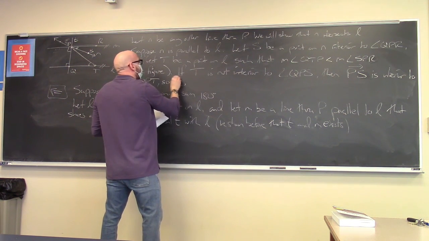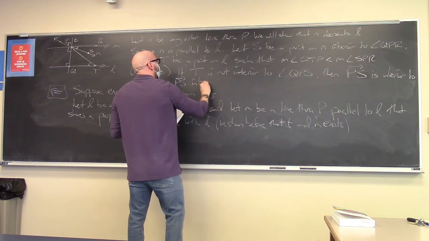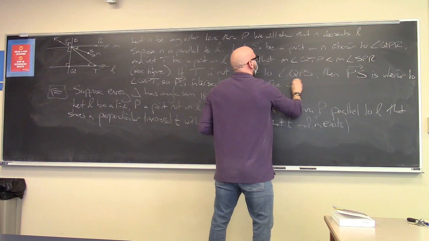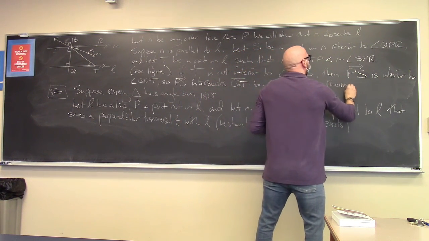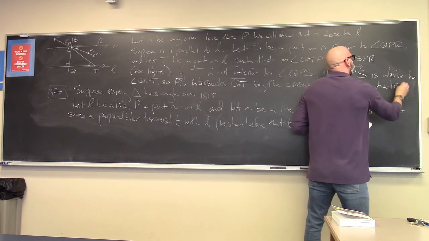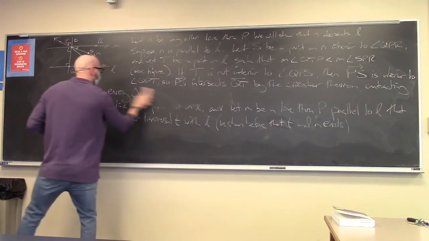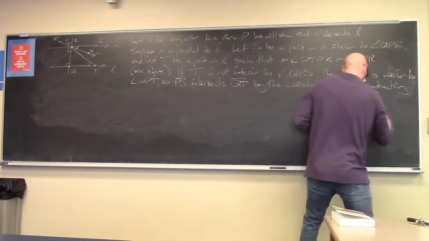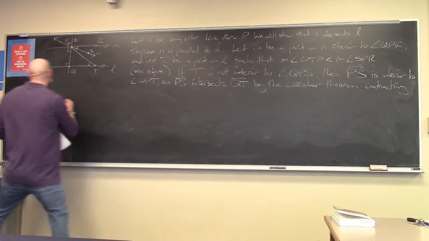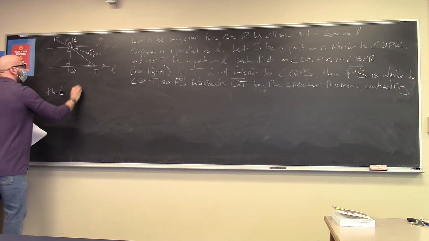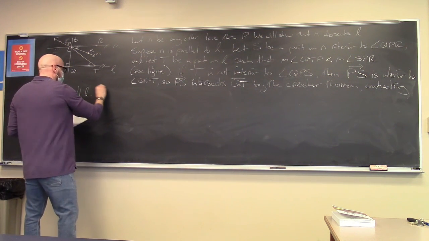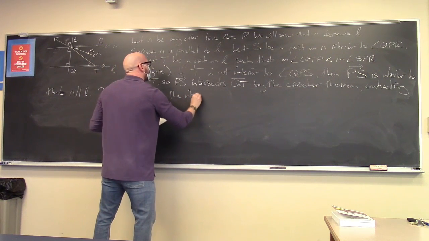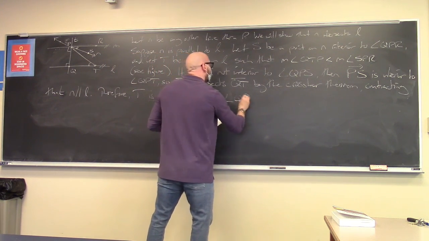So the ray PS intersects QT by the crossbar theorem, contradicting that n is parallel to L. So therefore, T is on the interior of angle QPS.